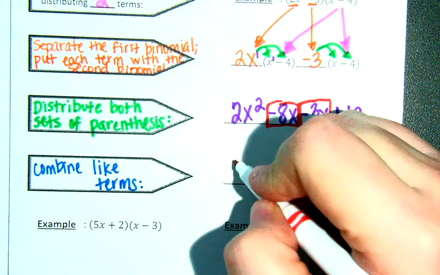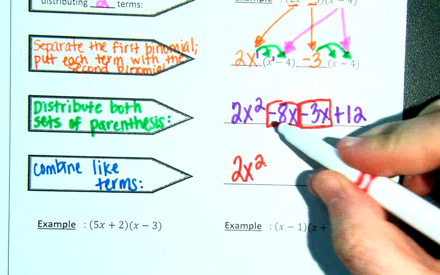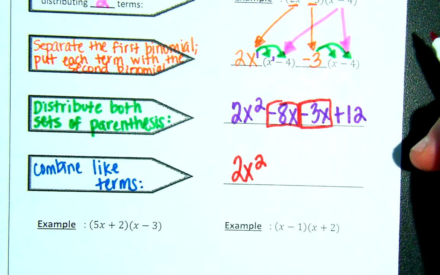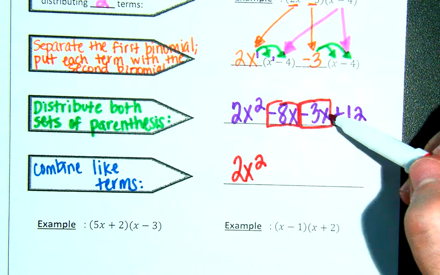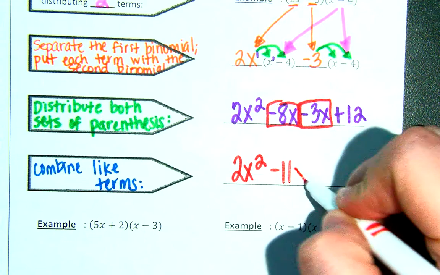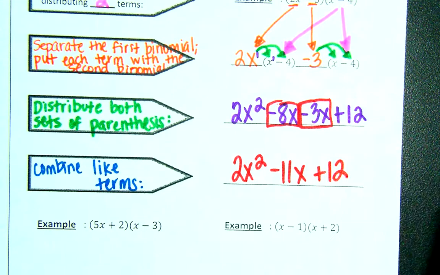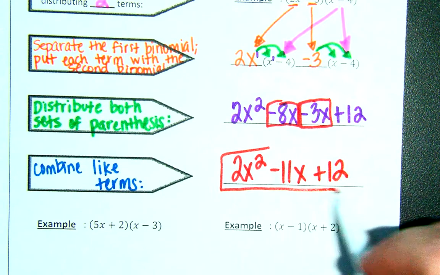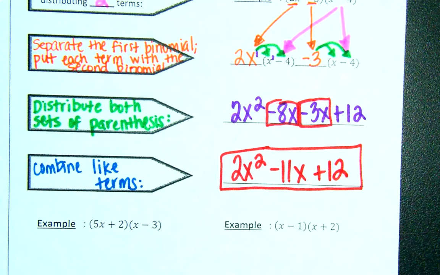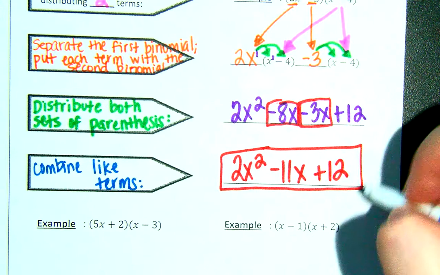So I just leave the 2x squared alone. Negative 8x minus 3x is negative 11x. And then I bring down my plus 12. And this right here would be my answer.